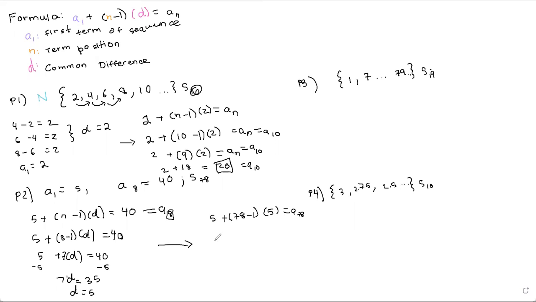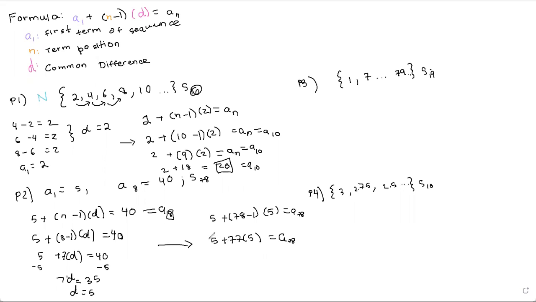Now what we're going to do is 5 plus 77 times 5 is equal to a78. And now it's just simple calculations.